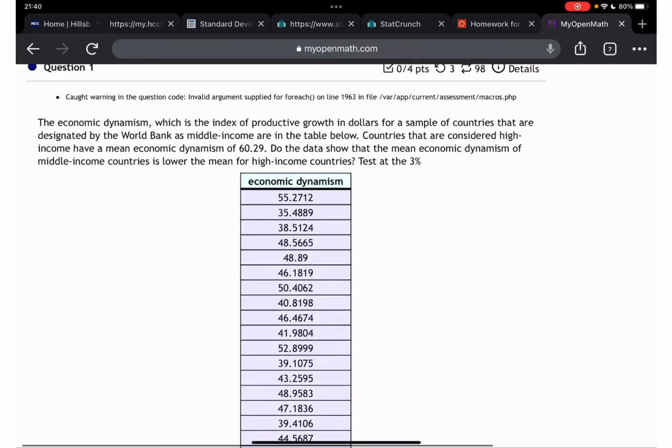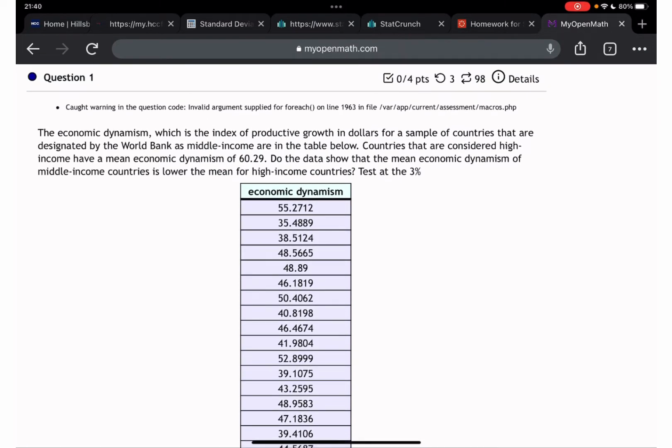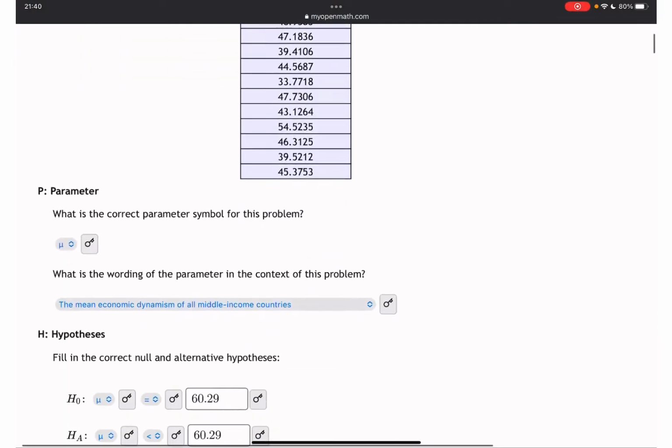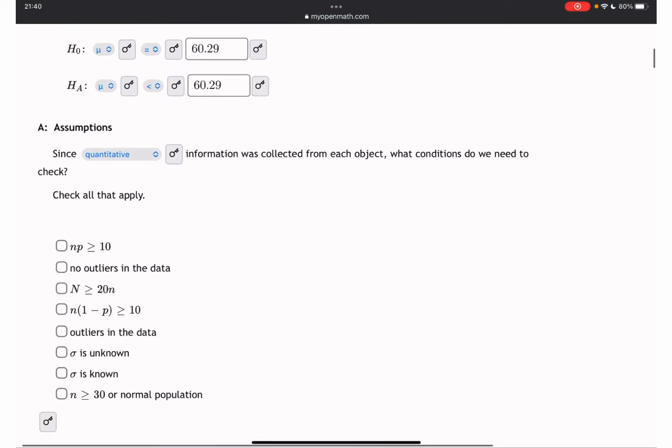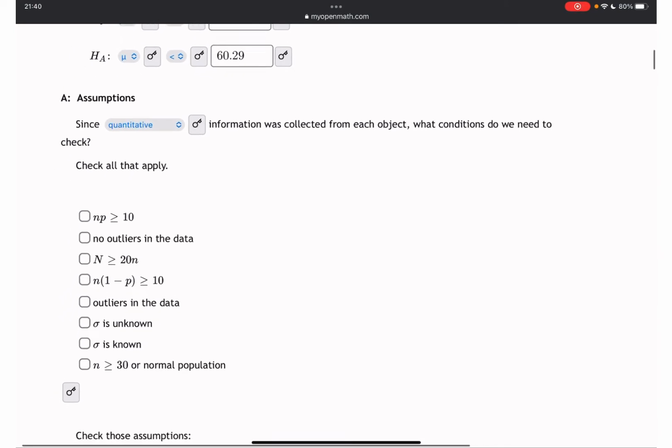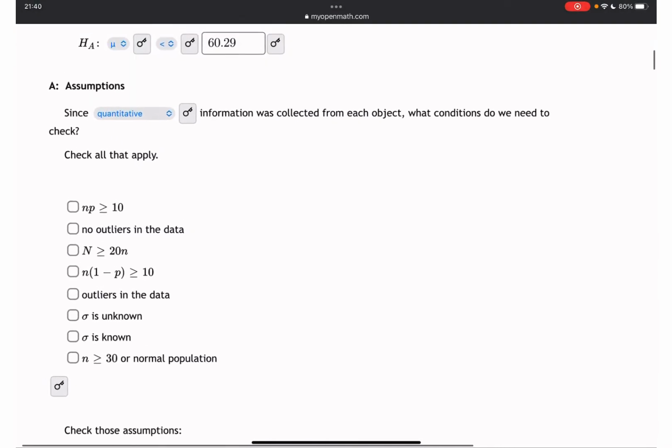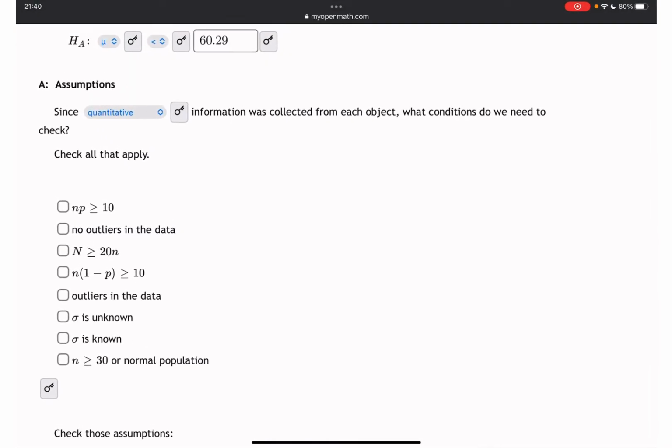A growth in dollar amount is quantitative, so we pick quantitative information. Quantitative information was collected from each subject. What condition do we need to check?